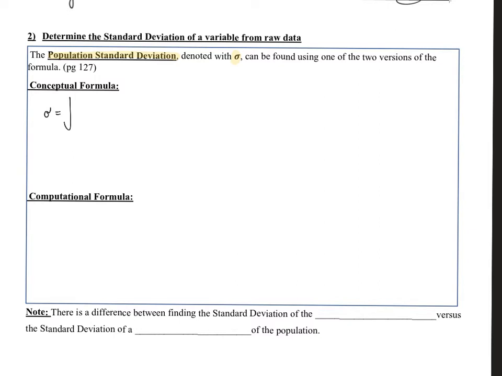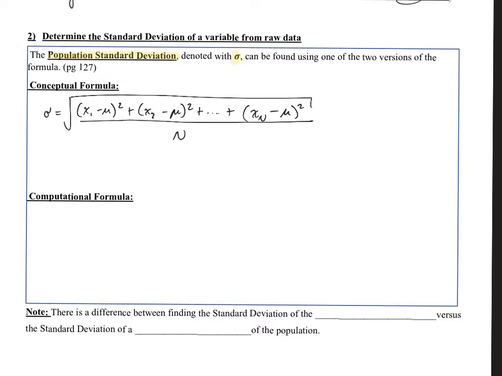It's going to be equal to the square root of the difference between your first value and your mean squared, plus the second value minus the mean squared, plus so on till you hit your last observed value minus your mean squared, all over n, where n is observations, and mu is the population mean.